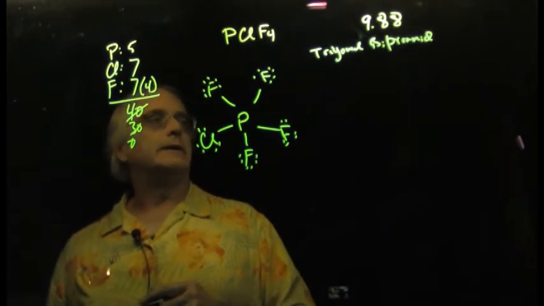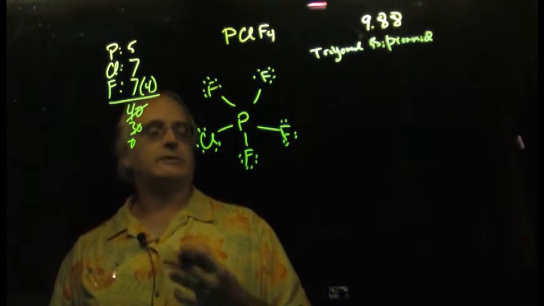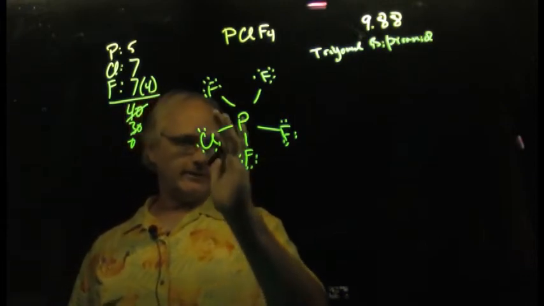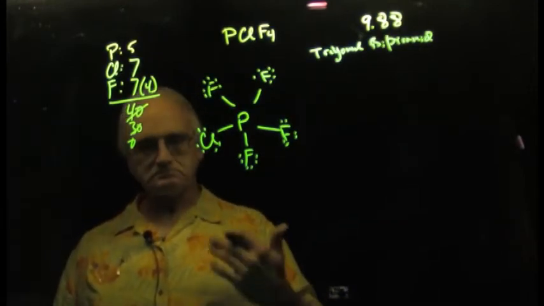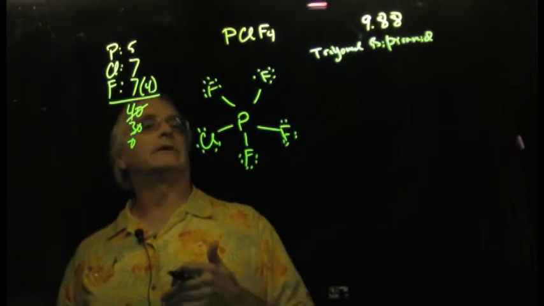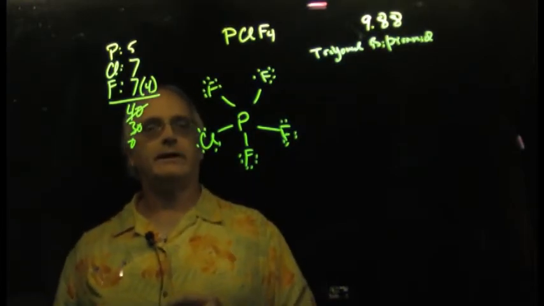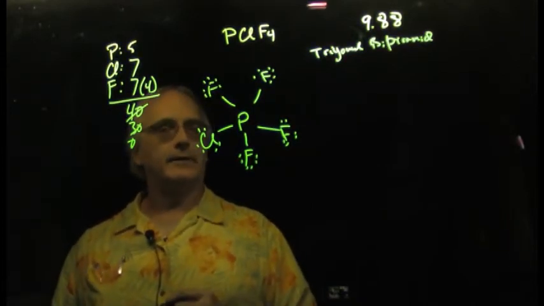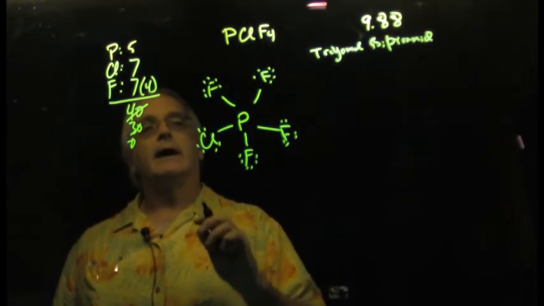Now, part B on this particular problem simply asks you to speculate which was going to demand more room, the phosphorus-chlorine bond or one of the phosphorus-fluorine bonds in this molecule. And this one's relatively straightforward as well. If you look at the positions of these things on the periodic table, fluorine sits right above chlorine. They're both members of column 7, as we've already noted here.